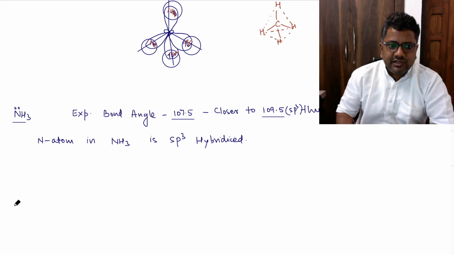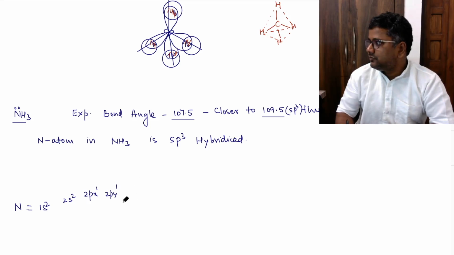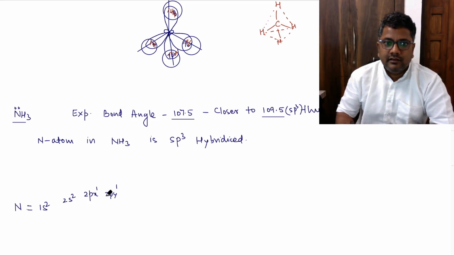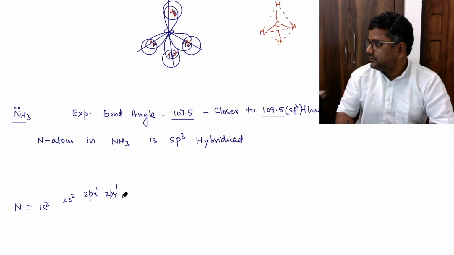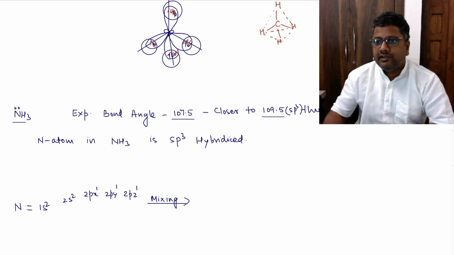So if we consider sp3 hybridization in nitrogen, see what is the electronic configuration: 1s2, 2s2, 2px1, 2py1, and 2pz1, right? So they mix with each other. Mixing will take place.